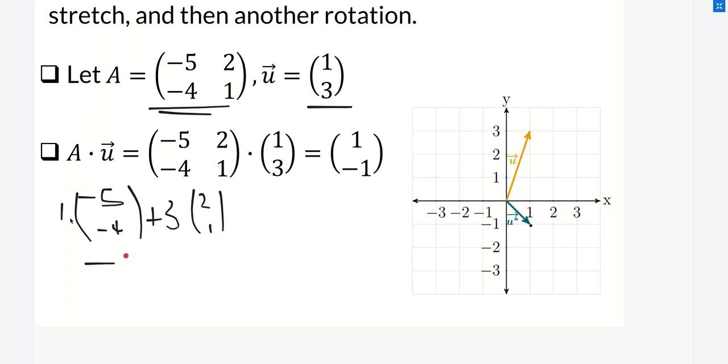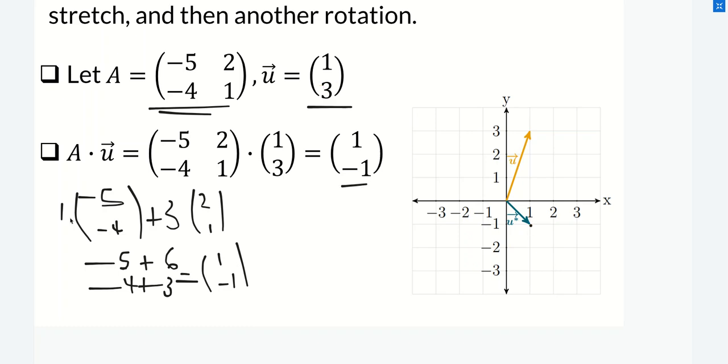So here again -5, then plus your 6, then -4, then plus your 3. So what do you get? You get 1, then -1, right? So when this matrix takes this vector, it transforms it to this place.